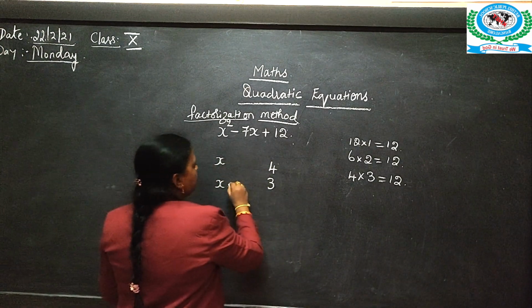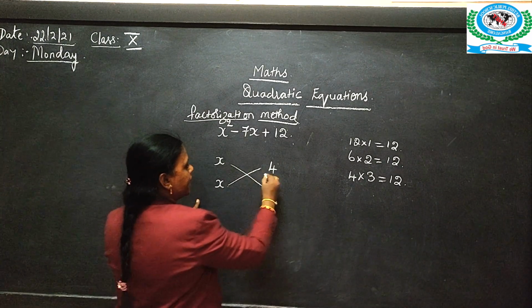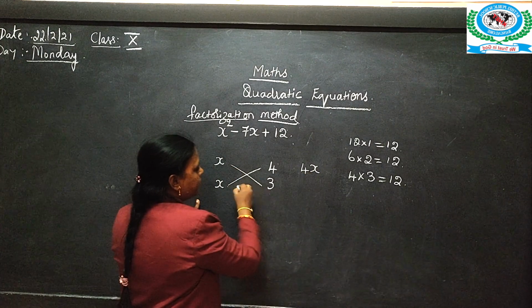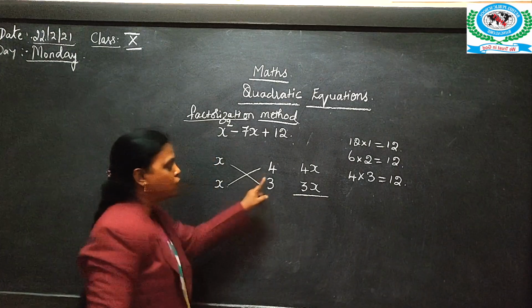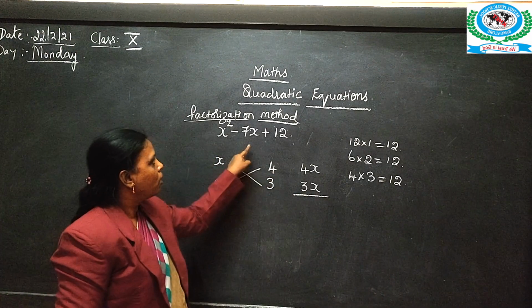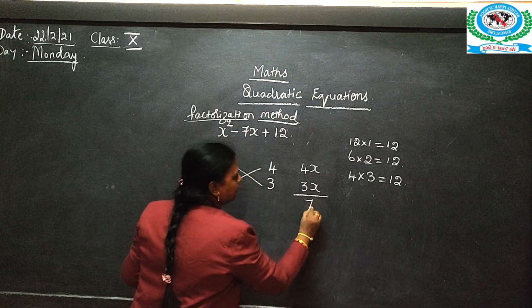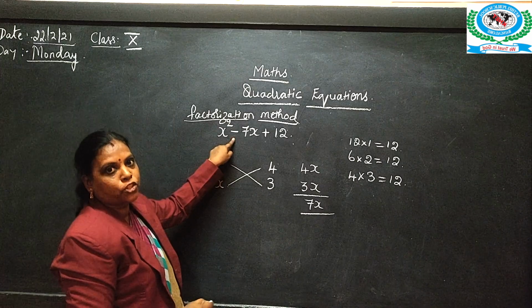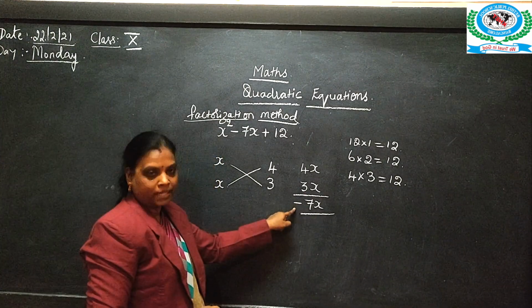Okay. So cross multiply. When you cross multiply, you will get 4x, and when I cross multiply, I will get 3x. So 4x and 3x. The middle term required is 7x. So along with the sign, it is minus 7x.